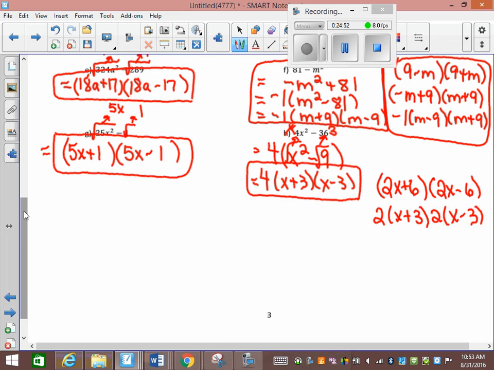Now these, because they're all in brackets, are actually all multiplied together. 2 times x plus 3 times 2 times x minus 3. Do GCF every single time, check for GCF first every single time. Otherwise you'll do the extra steps.